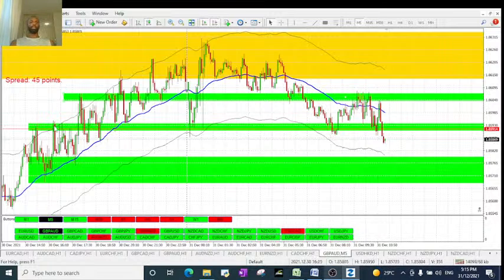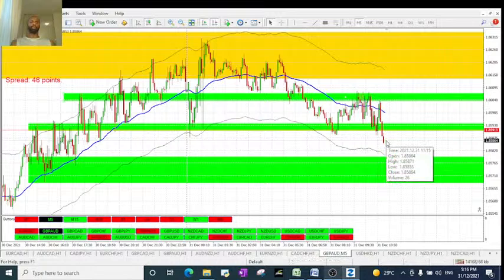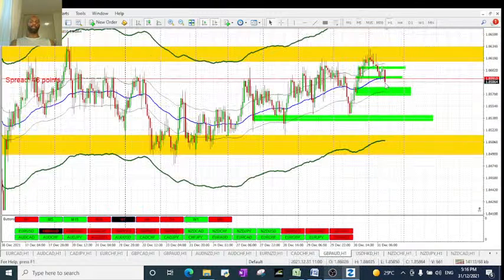See how many times we tested this zone. Finally, we broke, came down, rejected, came down, rejected. Tested it again here, rejected. Came all the way down here, tested, rejected. Now we are trading through it. So if the 1 hour chart candle closes here, we might have an opportunity to take sales.